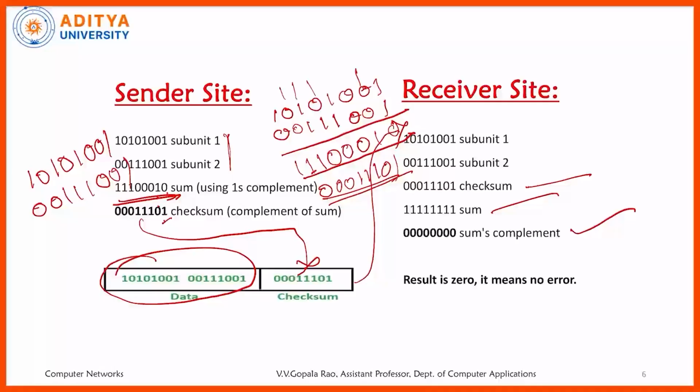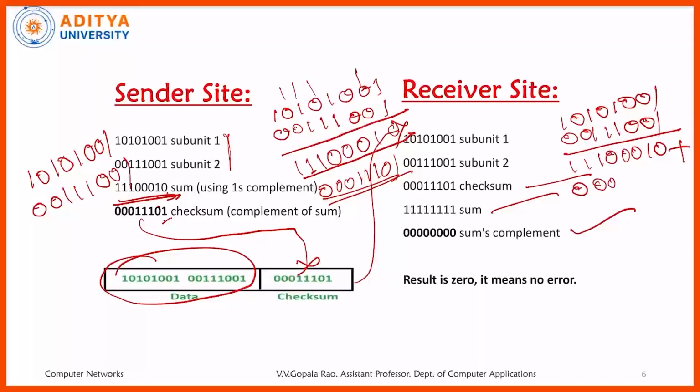So, let us say you have 10101001 and 00111001. If you add, you will find this one, which we already added here. So, 11100010 plus the checksum that we took into consideration, 00011101. This is the checksum that we transmitted to the receiver.